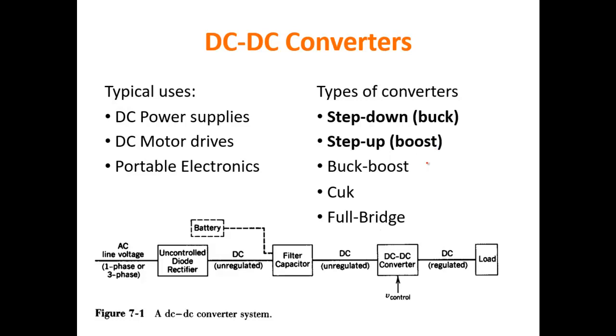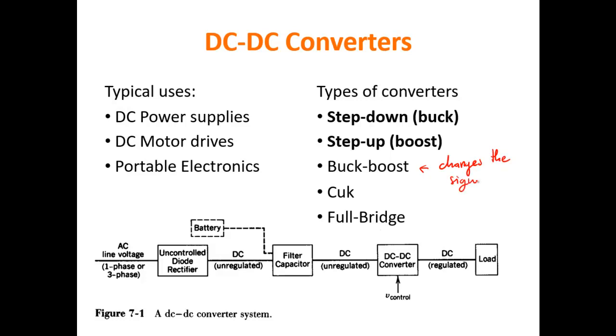This is also an interesting and sometimes useful type of converter, the so-called buck boost, that has the property of providing an output voltage that is of the opposite sign with respect to the input voltage. So basically this changes the sign.